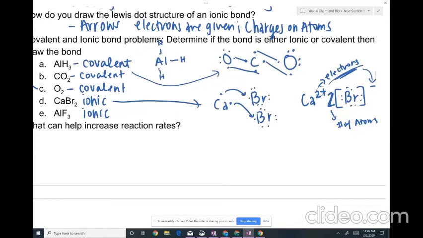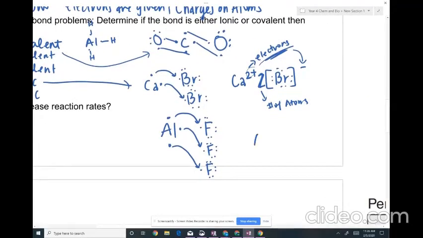So AlF3, same thing. Aluminum has 3 valence electrons, right? Fluorine, again, has 7. So I draw my fluorines here. So I'm going to donate all of these electrons on there. And what I end up with is an Al that's given 3 electrons away, so it's going to be 3 plus, right?